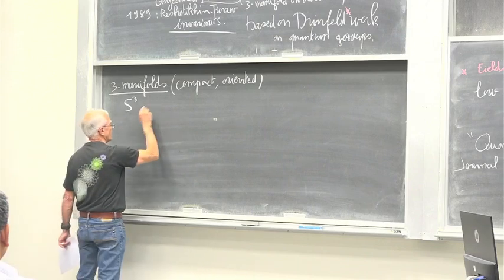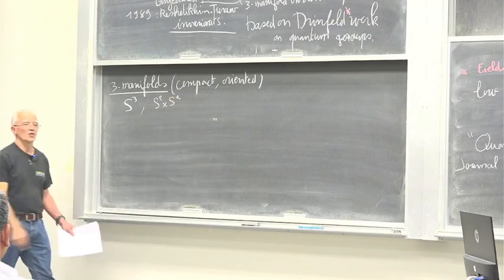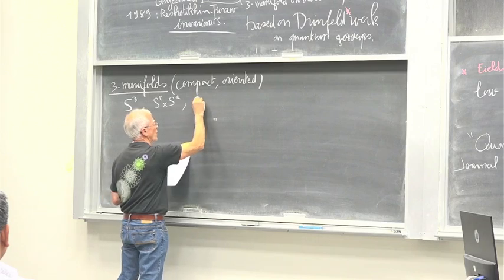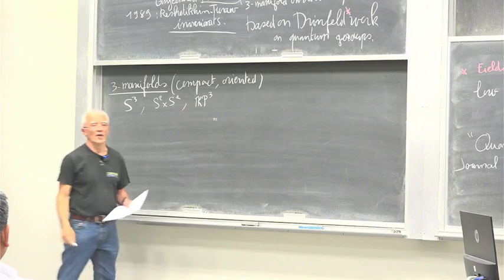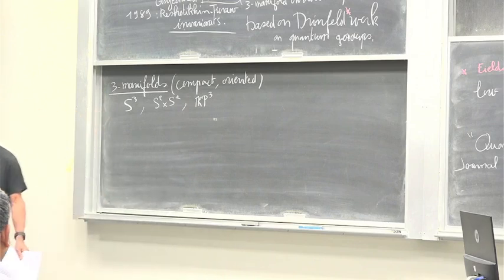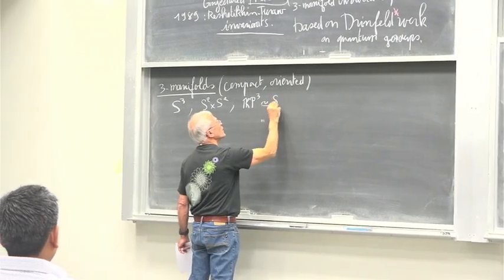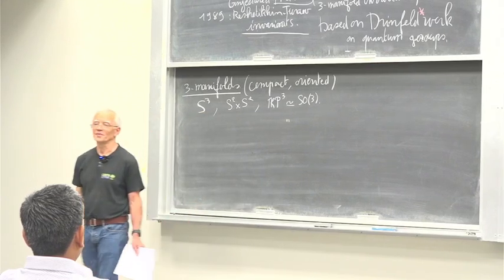Of course, you can take the product S2 times S1, but if you know a bit of geometry, you also have the projective space RP3, the space of lines in R4. It happens that this is homeomorphic to the group SO3, which is a three manifold.